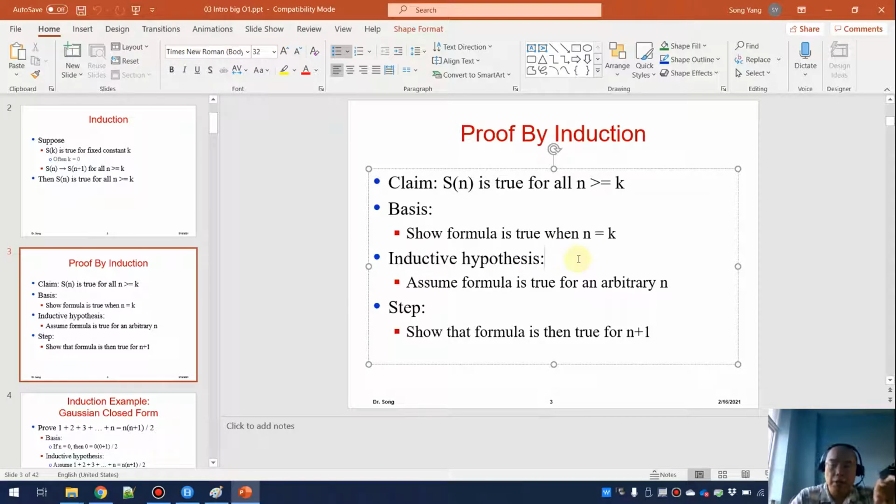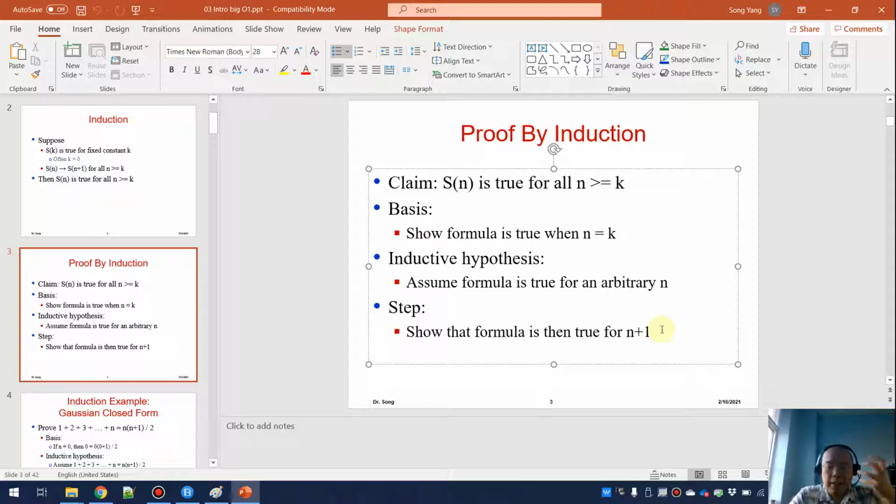For this part, you don't have to prove anything. You only assume that Sn is true for a given value n. Based on that, the next step, which is a crucial step, you want to prove that it is also true for n plus 1.